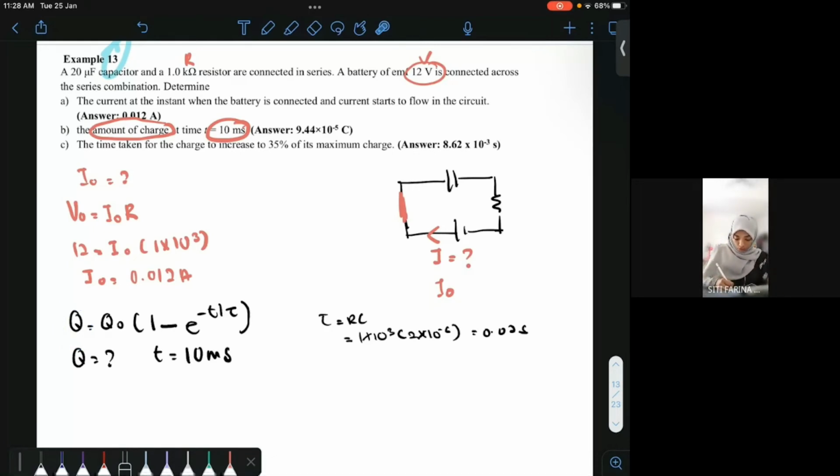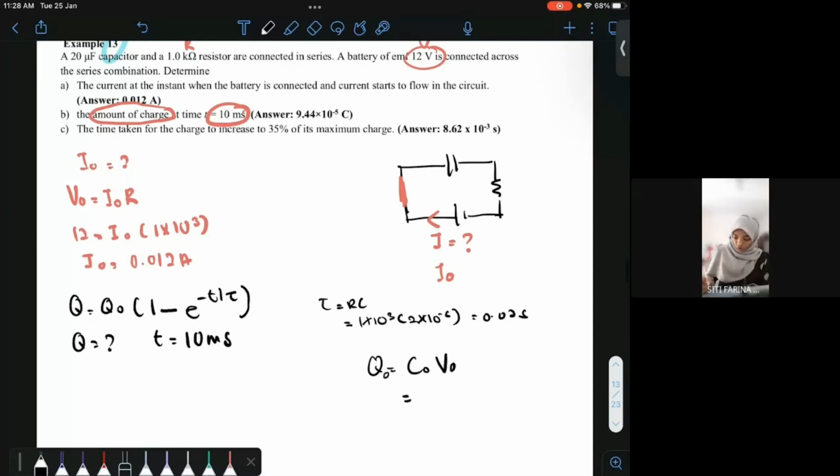However, Q naught ini adalah maksimum dia boleh simpan. Okay, so for a charging process, kita tahu Q naught ini bergantung kepada how much ability for the capacitance to store the charge dan juga how much potential a power supply can give, which is V naught.